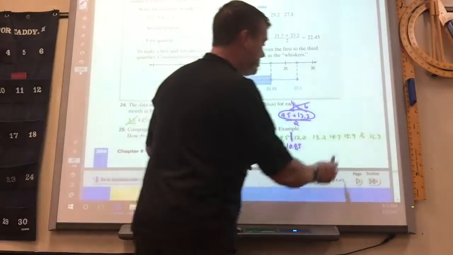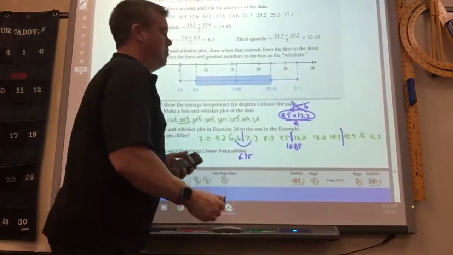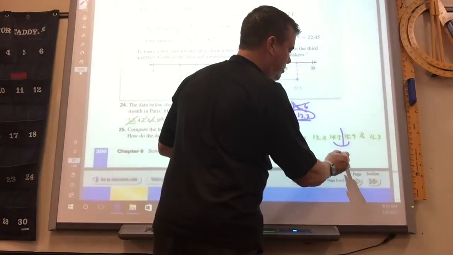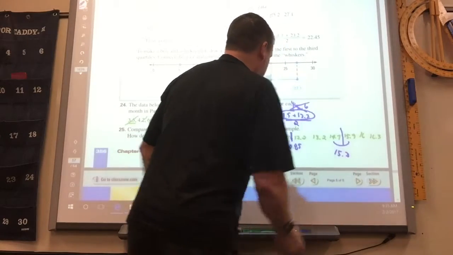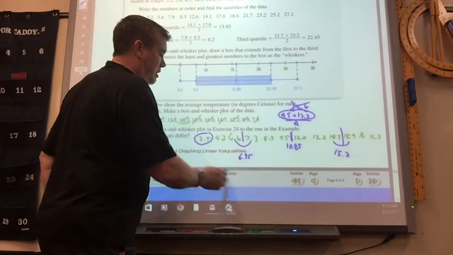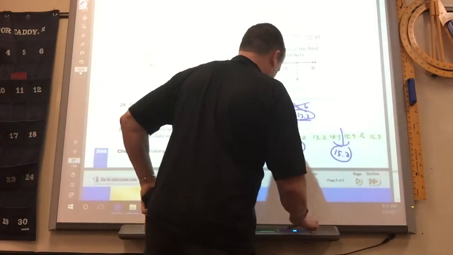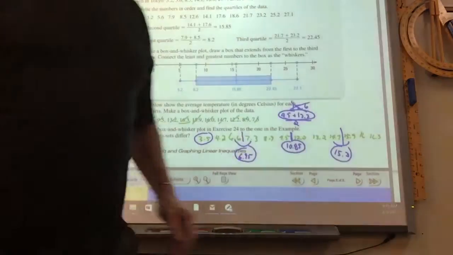And then here it would be between those two, so you add them up, divide by 2. What is it? 15.3. So then we've got to put 3.5, 6.95, 10.85, and 15.3 on a number line.